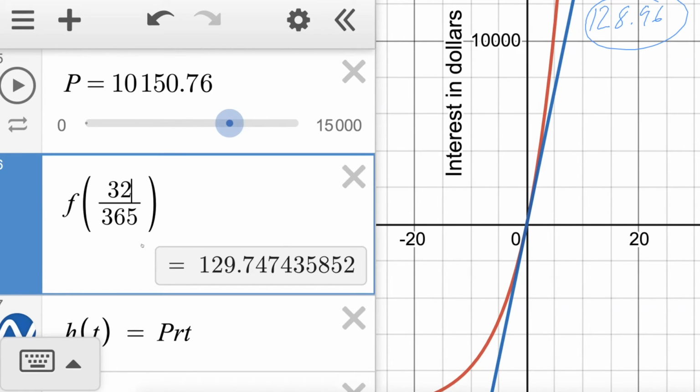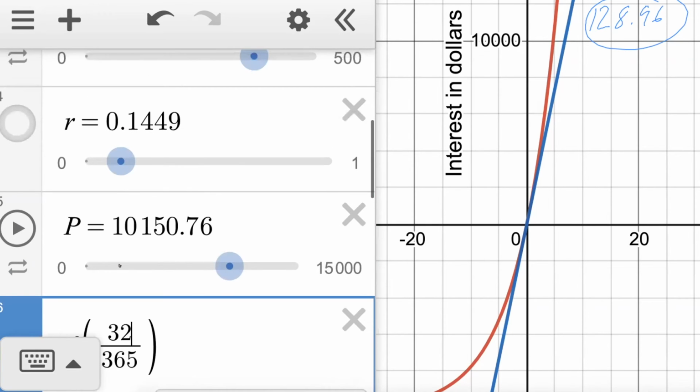So you can see that the new calculation using 32 days is still $1 more than what I paid for the interest in this period. And I keep poking around.